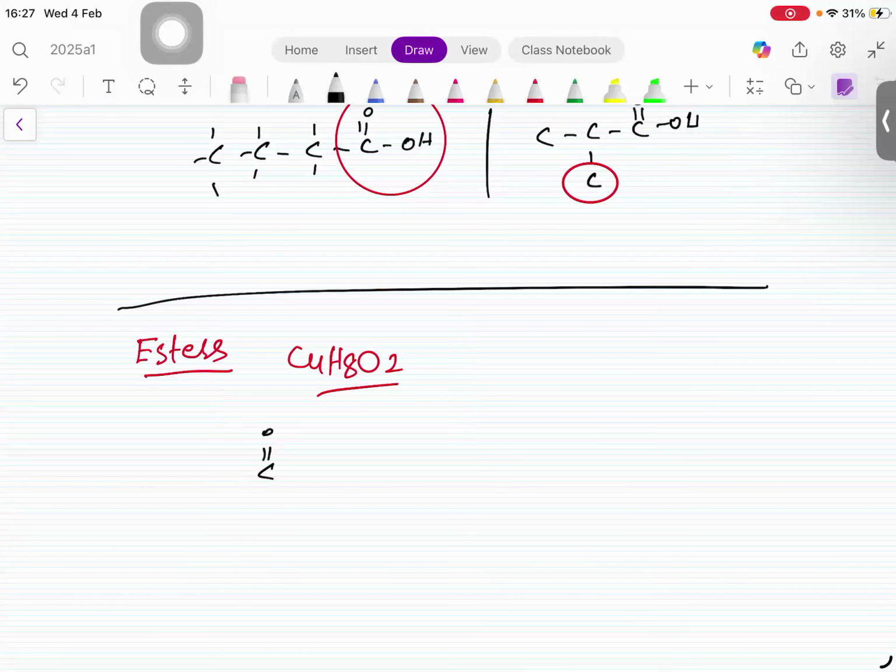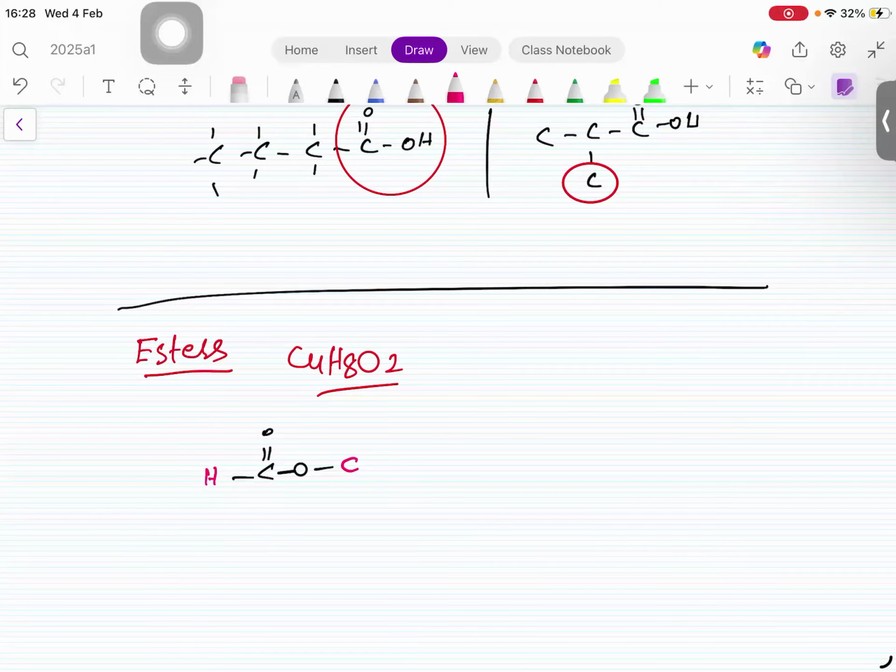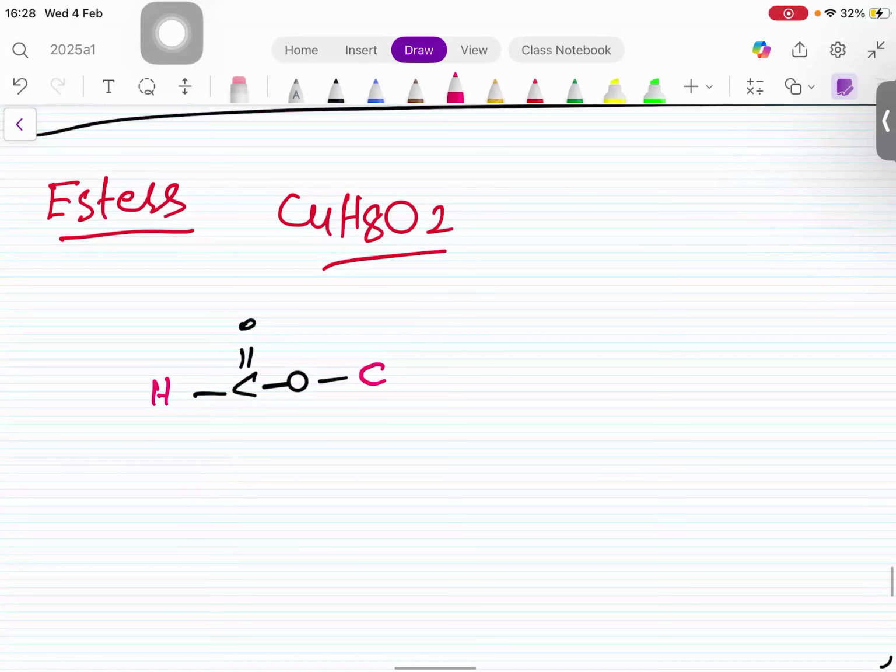For the ester, I told you that you have to draw the functional group first of all. And then you know that there must be at least one carbon with this oxygen to be an ester. Now, please pay attention.